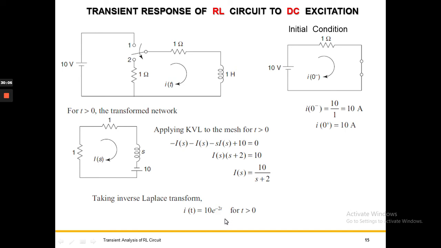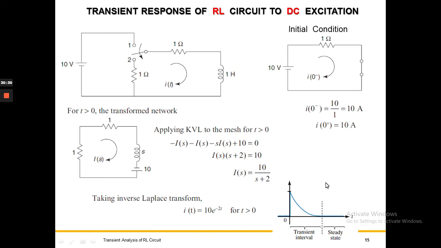This graph you have already seen, exponentially decreasing. So this is a transient interval. Okay, so this is the time constant, L by R. The time constant will determine how fast it will be charging or discharging. Okay, after this time it is a steady state condition.